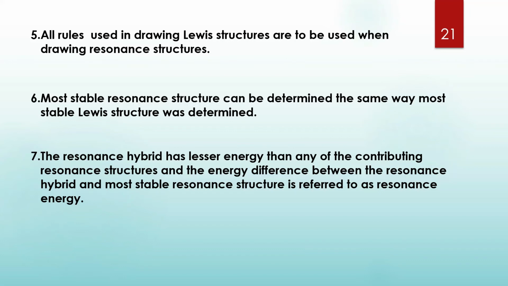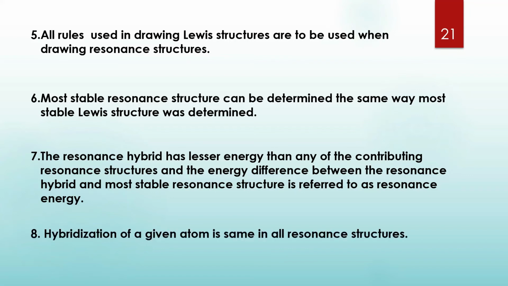So there is a certain term known as resonance energy, and this energy is the difference between the energy of the most stable resonance structure and the hybrid. Hybridization of a given atom is the same in all structures. So you know about hybridization. There are different types of hybridizations, and hybridization should be the same across all resonance structures.